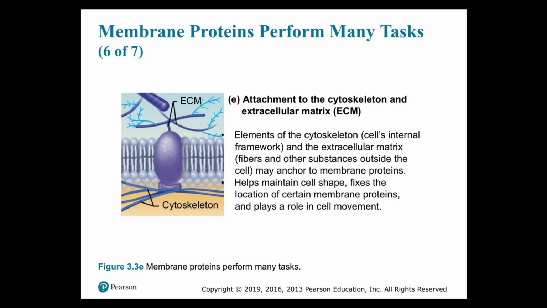Elements of the cytoskeleton, which is the cell's internal framework, and the extracellular matrix, fibers and other substances outside the cell, may anchor to membrane proteins, helps maintain the cell shape, fixes the location of certain membrane proteins, and also plays a role in cell movement.